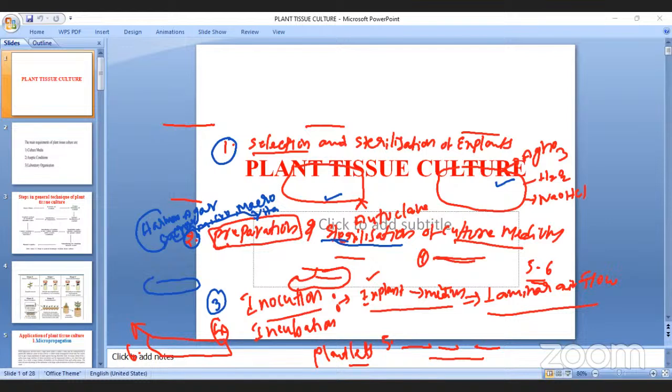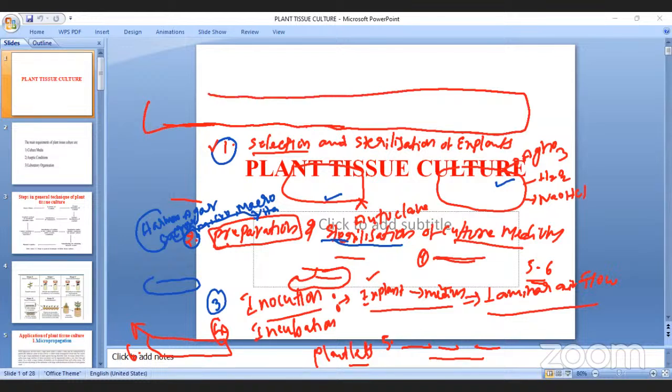Now, once again, clearly in steps. First step: selection of explant. The explant comes from plants grown outside, so we have to select the explant from the outside of the plant.